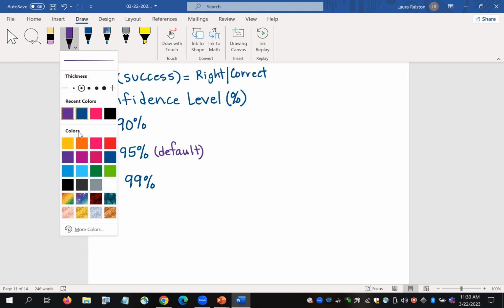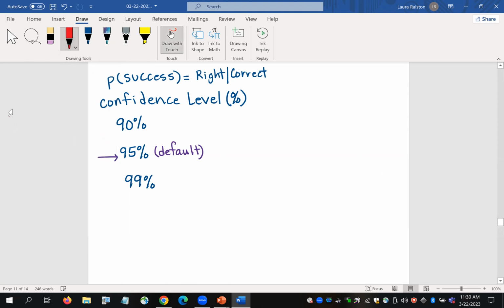Now, I hope you realize that if there's a probability of success, meaning the probability that you're correct, you've hit the target, there is most certainly the probability that you don't.